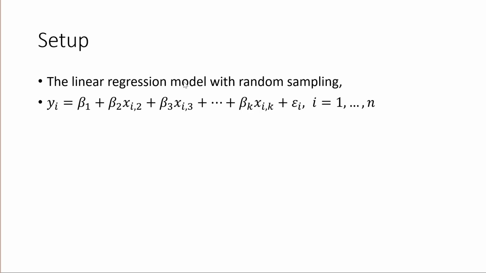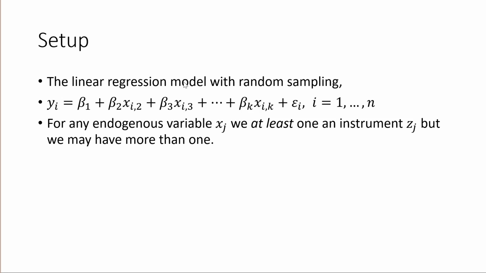The difference now is that I may actually have more than one instrument for my endogenous variables. So I have at least one, but I may actually have more than one. So a common example would be, again, the salary equation, where y is the income and one of my explanatory variables is education, and education is then assumed to be endogenous.